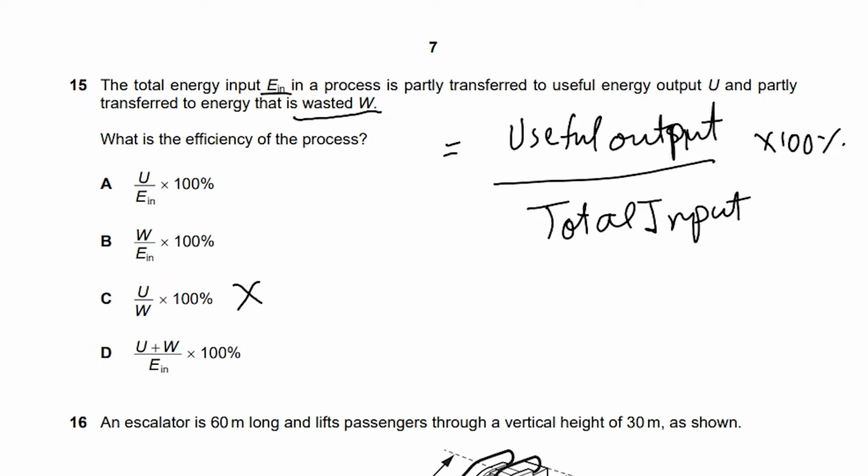We only need useful energy output for efficiency. This means that in the numerator we must have U and in the denominator we must have E in. Okay, so U over E in, this is the correct answer. W over E in, this won't be the answer. U plus W, no. A is the correct answer. 15. The answer is A.